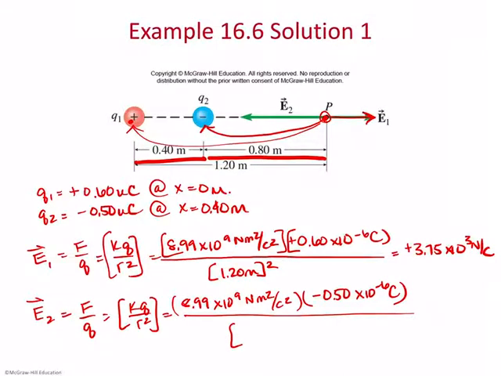And now what's the distance from the P over to this negative Q2 here? Well, it's this 0.8 meters right here. So you've got 0.8 meters squared. So you end up with negative 7.02 times 10 to the third, yes, newtons per coulomb. That's a newton, but it doesn't look like it.